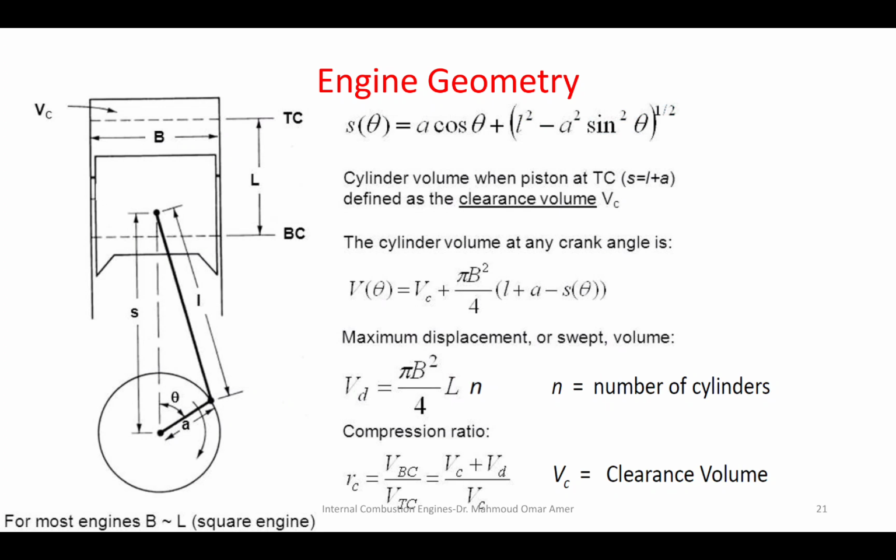So if I give you an engine and I give you only the bore, and I didn't say anything about the stroke, and there is no way for you to deduce the value of the stroke, you will assume that the engine is a square engine and B equals L. But before you assume that, you need to check that I didn't give you any other information that you can figure out the stroke from.